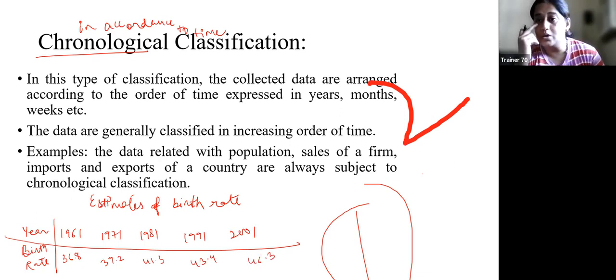This is a chronological classification. I have made this table, estimates of birth rate. These birth rates are given with respect to years. Years means it is on the basis of time. So this is an example of chronological classification, when we classify data with respect to time.